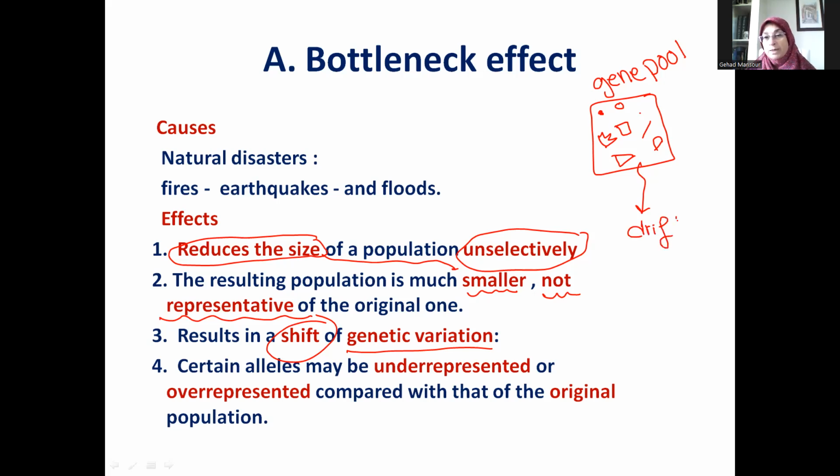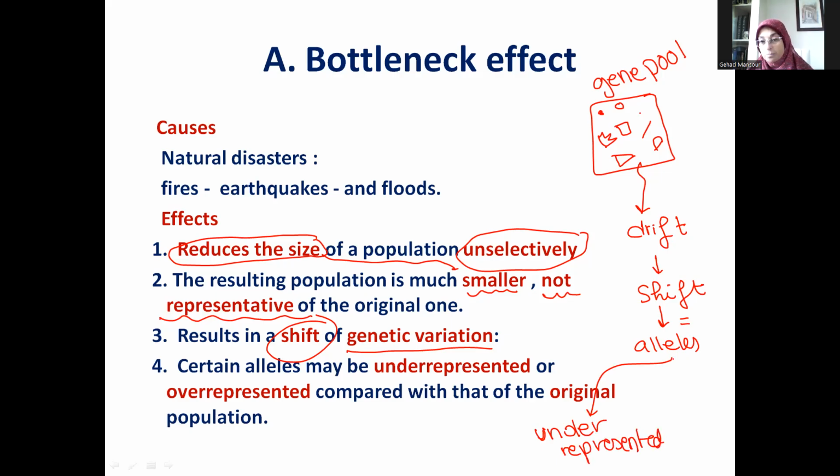There will be a genetic shift, meaning that some alleles will be underrepresented, and other alleles will be overrepresented. Now, is it meant? Is it on purpose? Is it planned for?